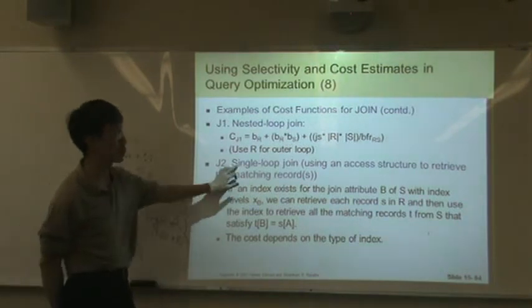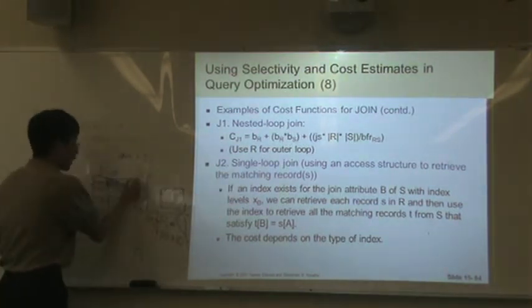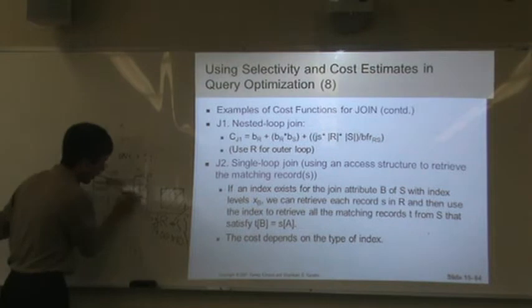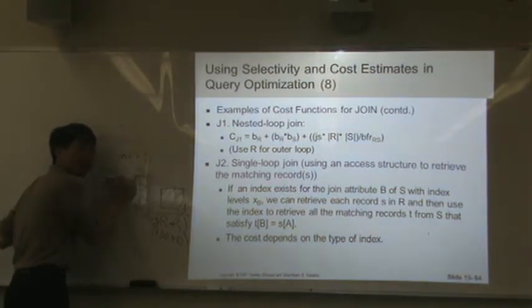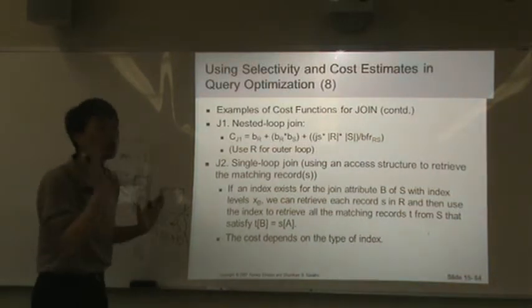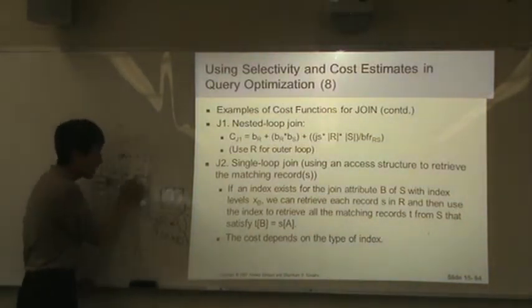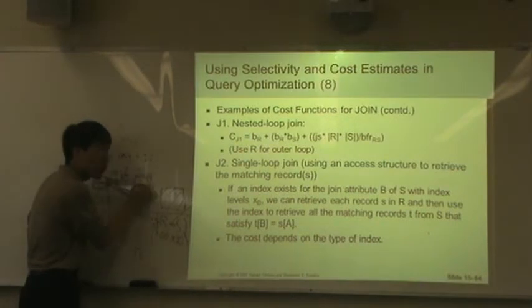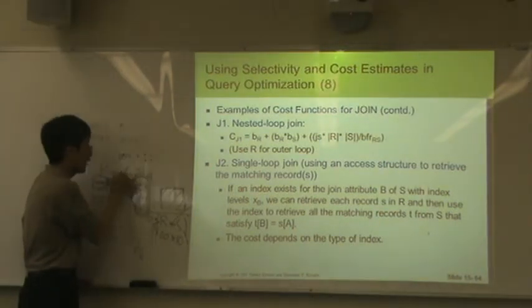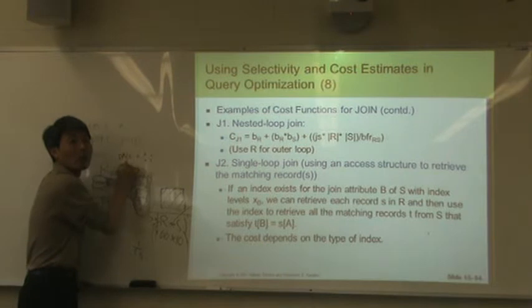What about the single loop join? In single loop join, you don't have to access the entire inner table. Instead, you can use an index, then directly find one block. You need to add a cost: instead of the entire S inner table blocks, you need to add the index cost.